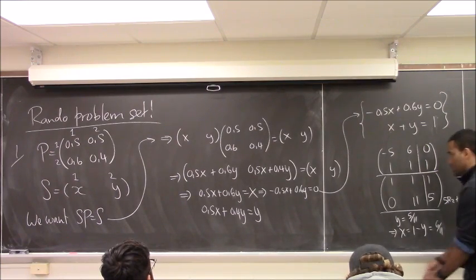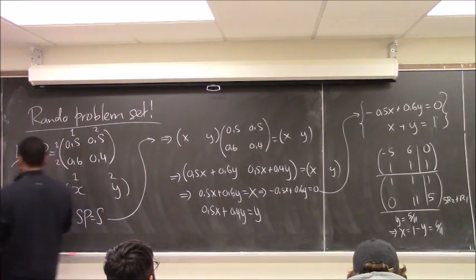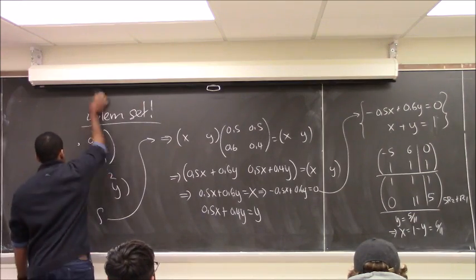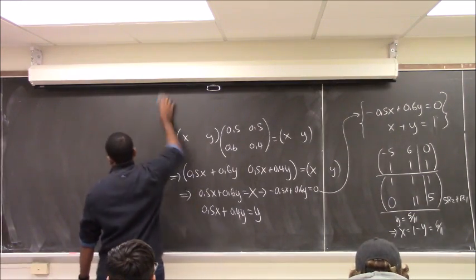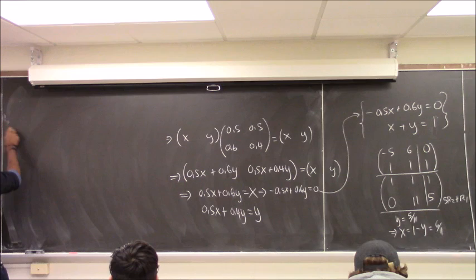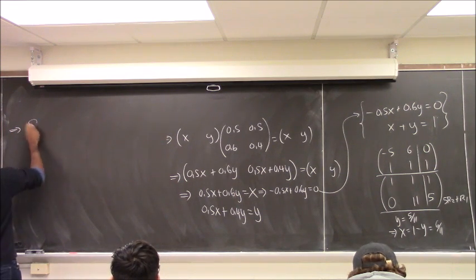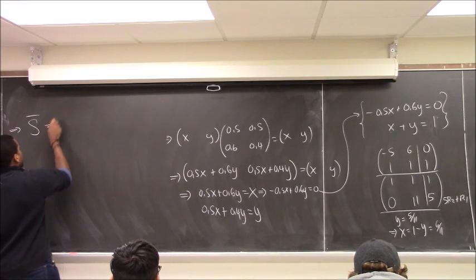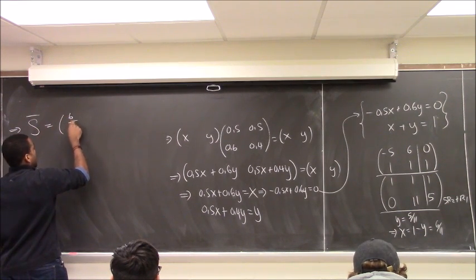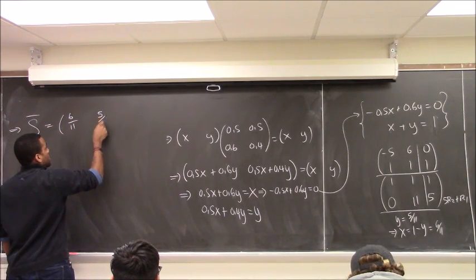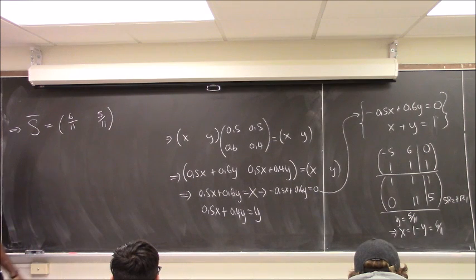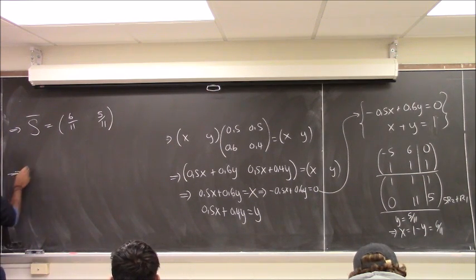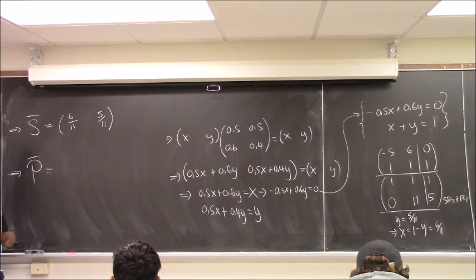So ultimately, this means that our stationary matrix, which we usually put a bar over, is going to look like 6 over 11 and 5 over 11. What is the limiting matrix going to look like?